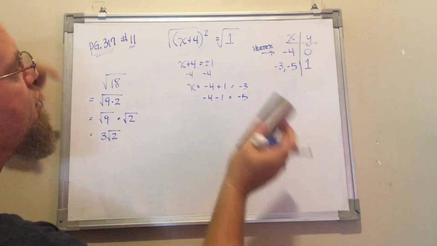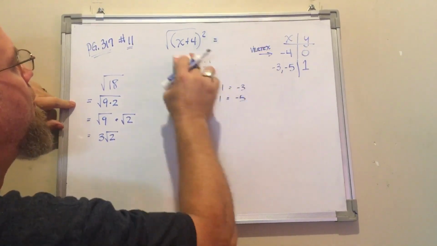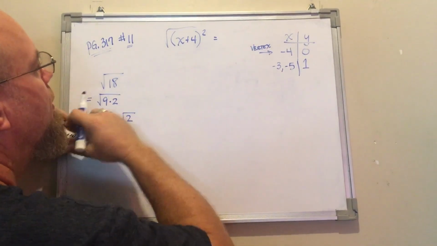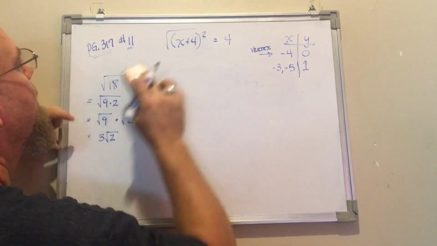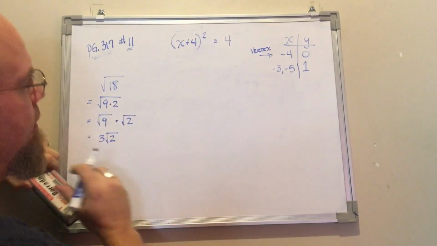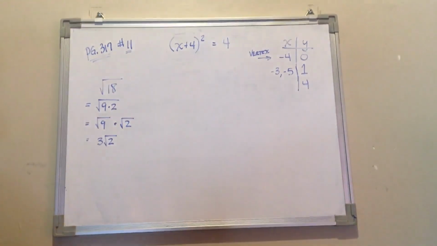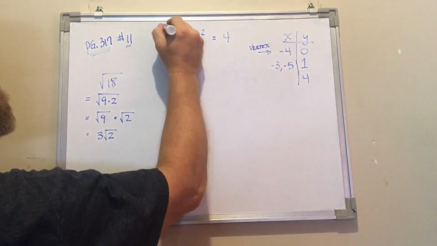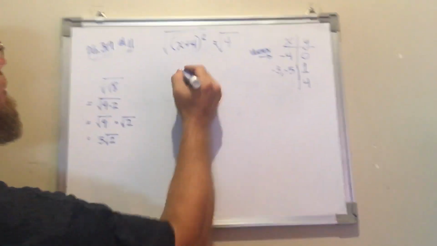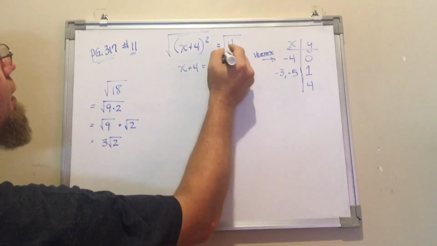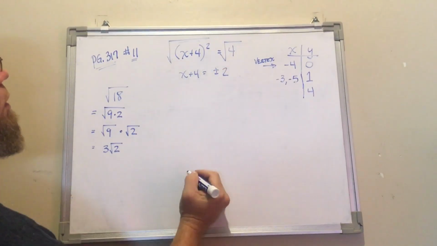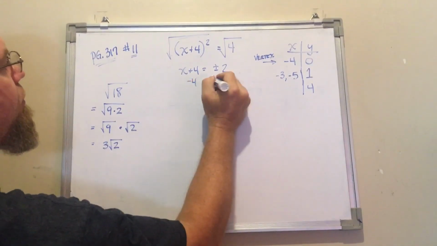All right, well, what's another perfect square? Well, we can certainly use 4, can't we? Because that's a perfect square. Right, so let's plug in 4 for a value of y. So we take the square root, x plus 4 equals plus or minus 2. So we subtract 4 from both sides.